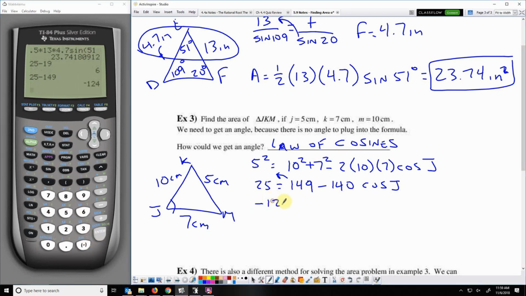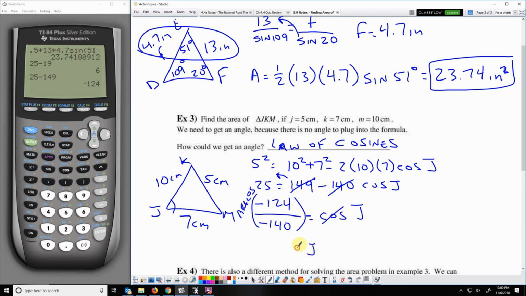So I get negative 124. I'm also just going to go ahead and divide by that negative 140. Okay? Then, to get rid of cosine, I'm going to do arc cosine.